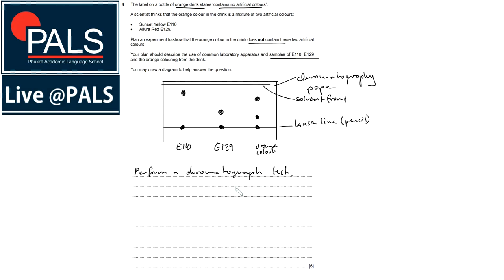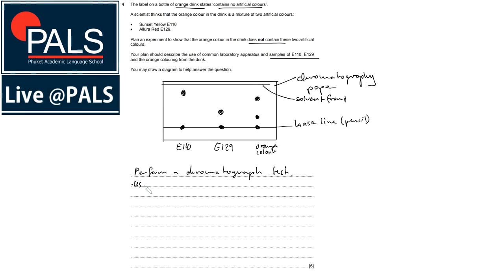And yeah, now we have everything already that tells us that our orange color does not contain the two artificial colors E110 and E129. Perform a chromatography test.